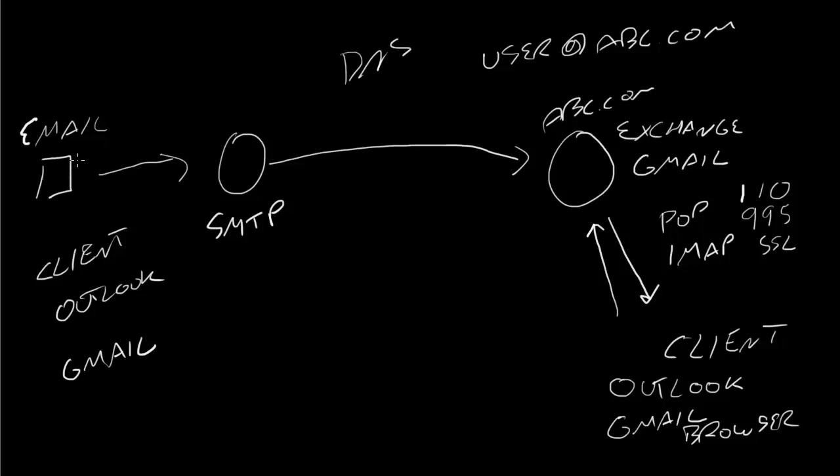And the connection here to relay it over SMTP is usually using port 25 or 465, which would be the SSL version, the secure way of transferring that information. So the email goes from your client to the SMTP server here. That gets transferred over to the final destination, which gets downloaded to your client.